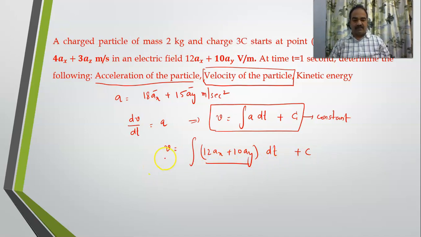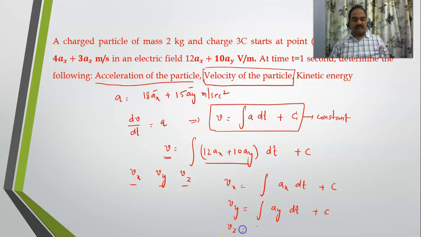So that's why what I will do is write this one in different components, vx, vy, vz in three different components, and vx is integral of ax dt plus c. Similarly, vy is equal to in y direction. I will consider in three separate directions. Okay, so I will do in this way.